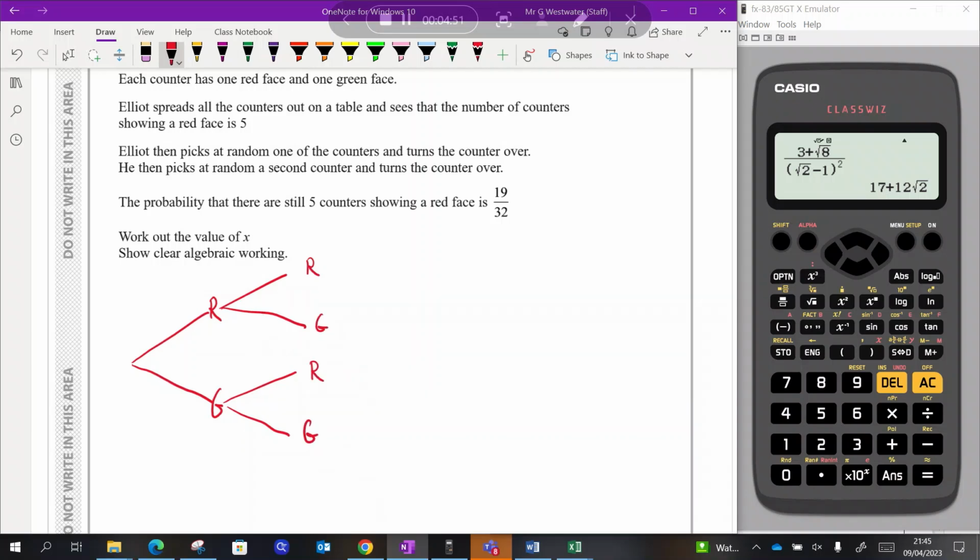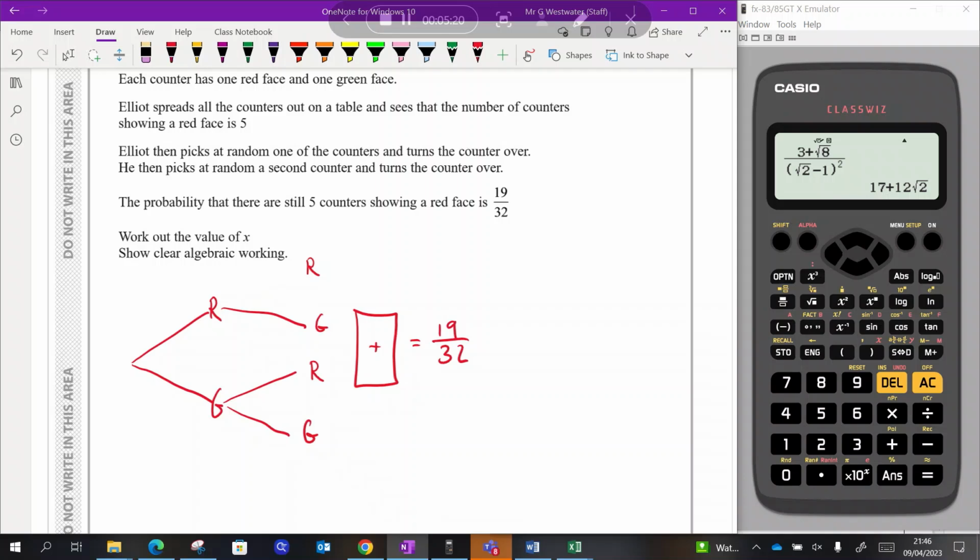Now, the only way of ending up with 5 after starting with 5 is to flip over a red and then flip over a green to restore parity, or to flip over a green and then flip over a red. So these are our two probabilities, and I know that the probability of that happening is 19 over 32, so the sum of them is going to equal 19 over 32.